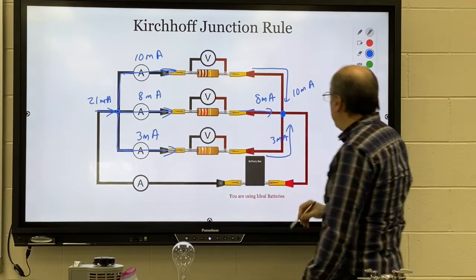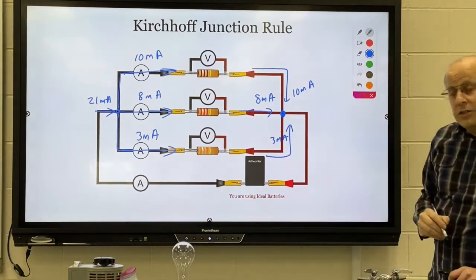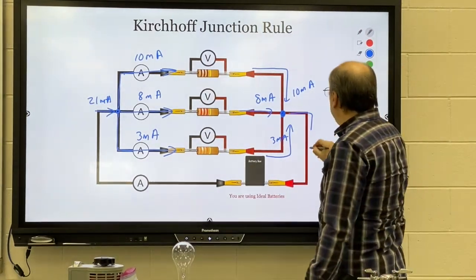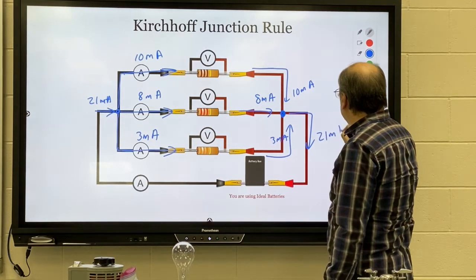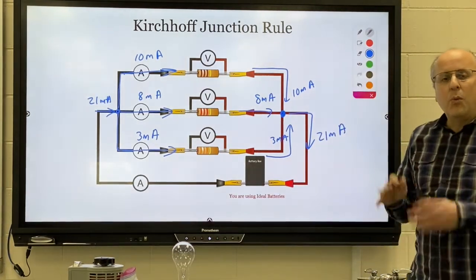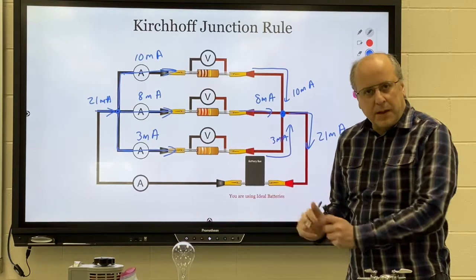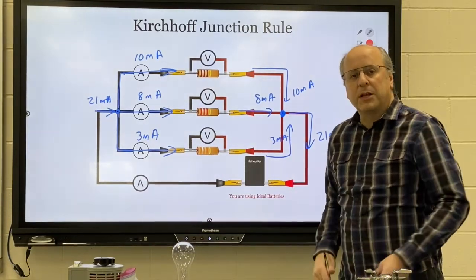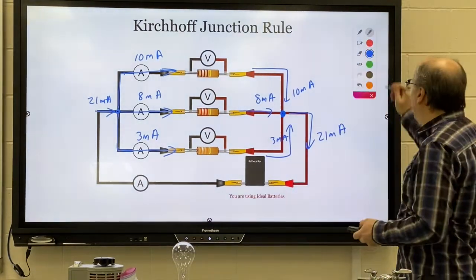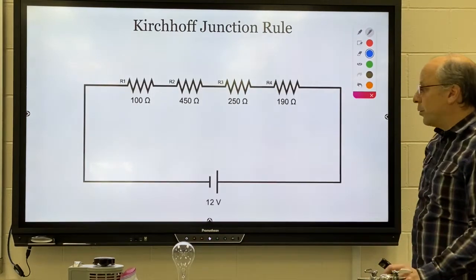Here's our junction. These are all going into the junction, so we need to have 21 milliamps coming out. What goes in must come out. 3 coulombs come in, 3 coulombs come out. That is our junction rule.